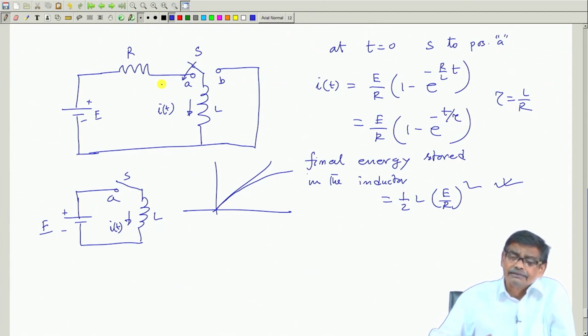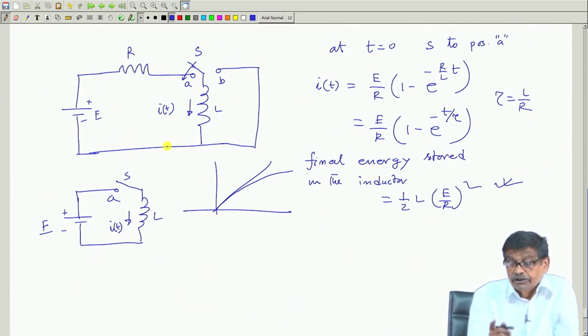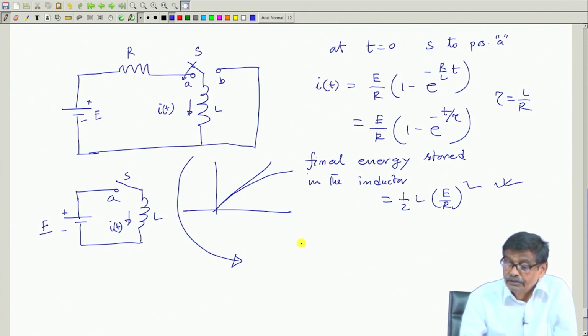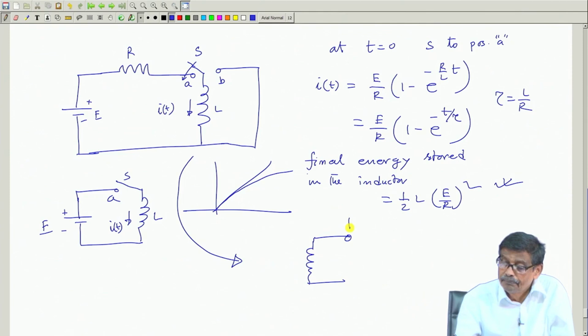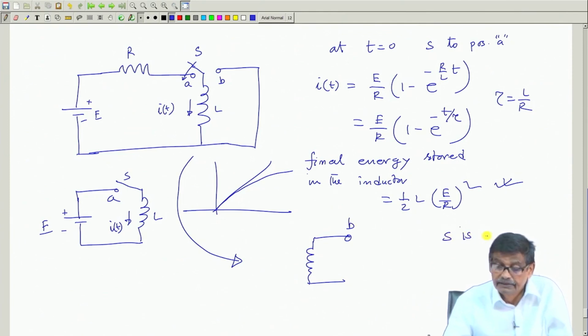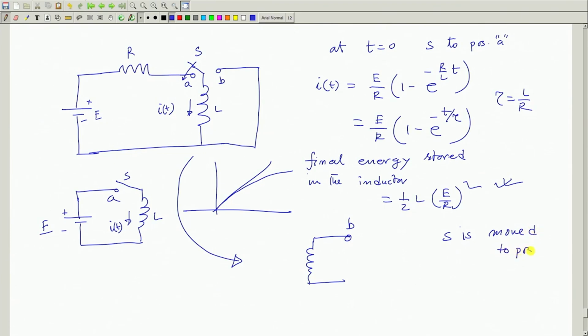Wait for a few milliseconds, then you can say okay, current in the inductor is E by R. Then what you do for this circuit is, at t equal to some time, you move the switch to position B.